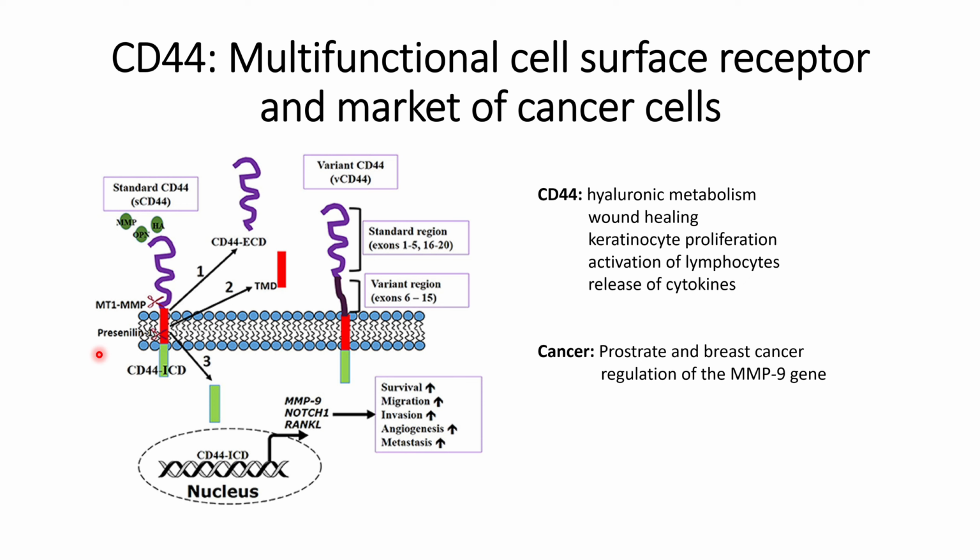And this presenilin cleaves the CD44 into two fragments. One is at 25 kilodalton, another one is at 16 kilodalton.